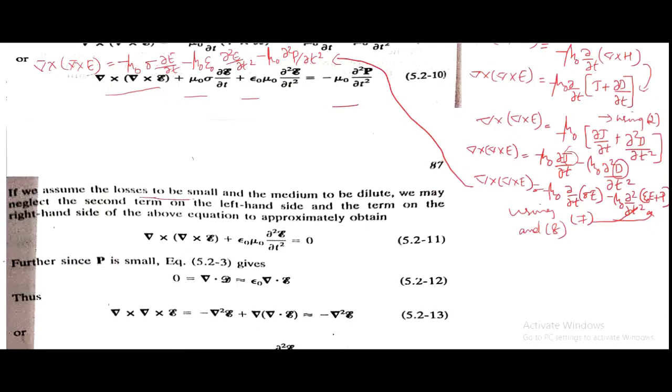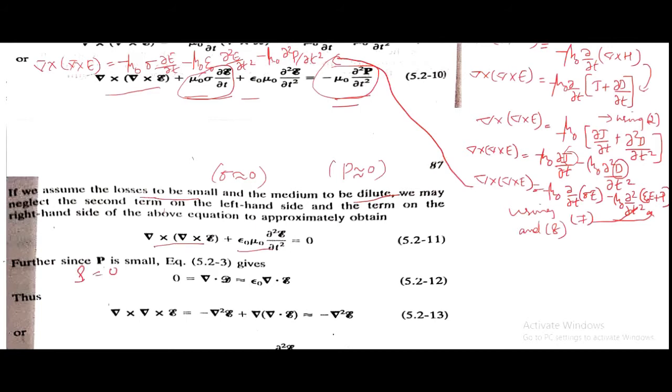The losses are small, that is sigma nearly equal to 0, and the medium is dilute, that is P nearly equal to 0. Therefore the second term on the LHS and the term on the RHS vanish. So equation 10 can be rearranged as del cross del cross E plus epsilon 0 mu 0 ∂²E by ∂t² equals 0.